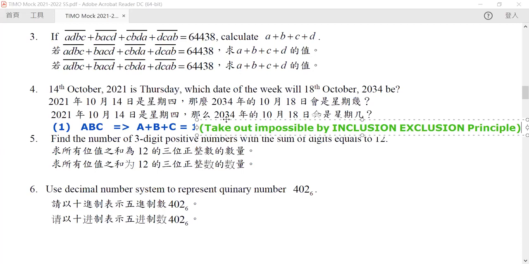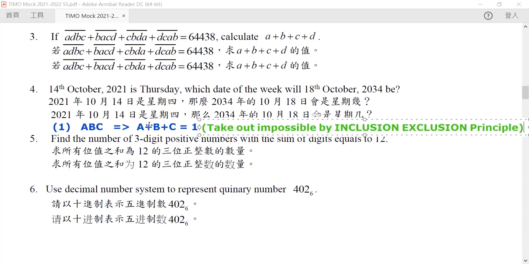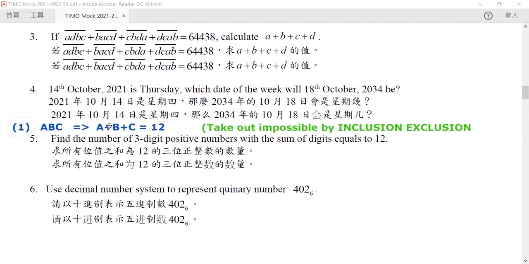If you do want to use this method, that is completely fine, making use of the H distribution and using the inclusion-exclusion principle to do this.